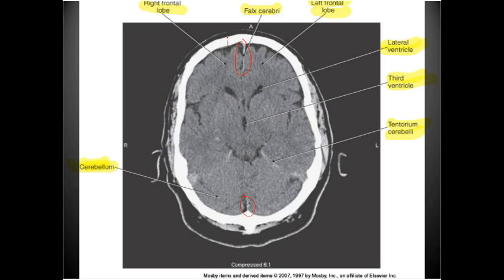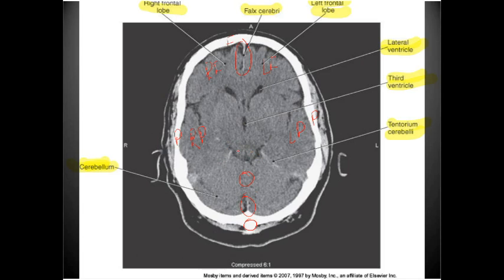We have the frontal, parietal areas, and we have the occipital region. And so we say that this is the right frontal, this would be left frontal, and this would be left parietal, right parietal, and then occipital region of the brain.